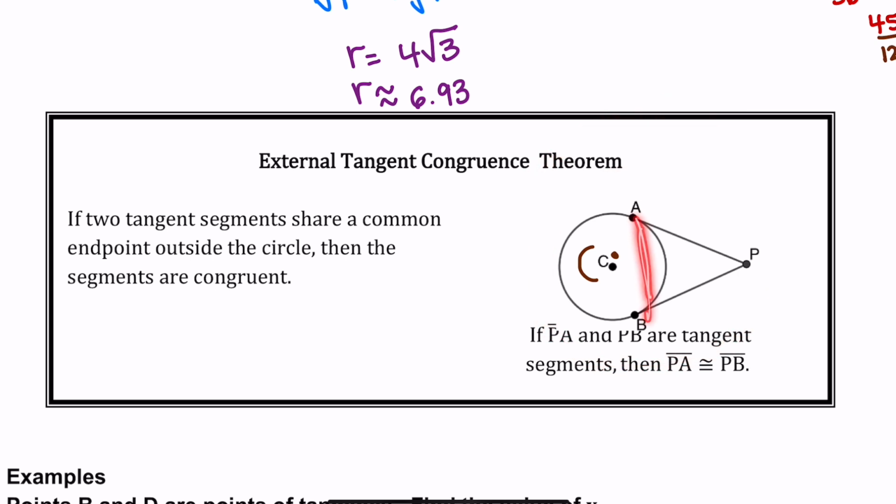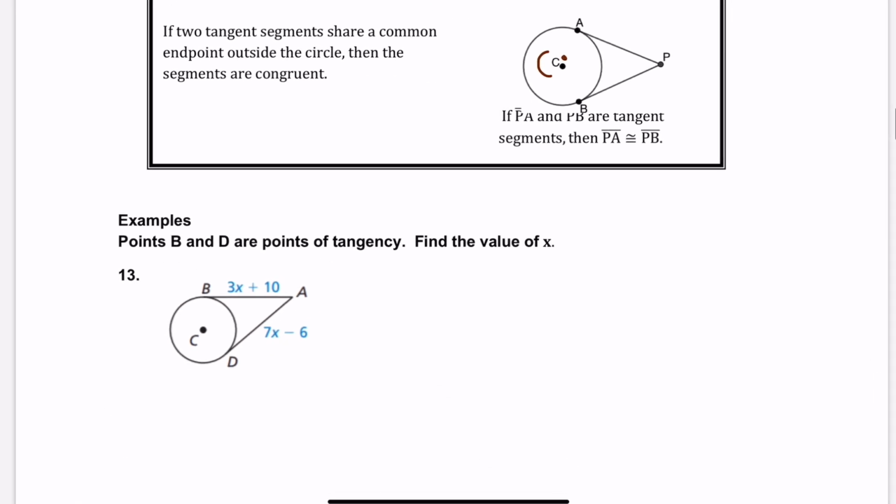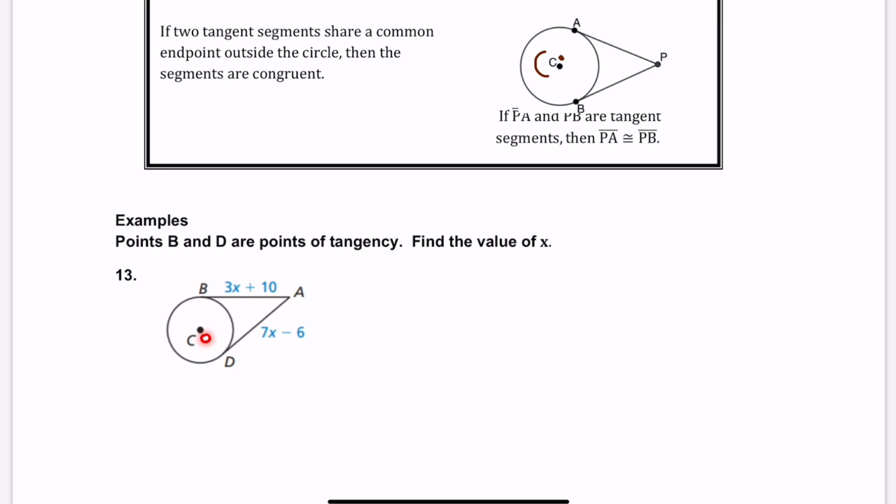This guy is wearing his party hat. Both sides of the party hat are going to be equal, right? So if PA and PB are tangent segments, then PA, this length, has to be equal to PB. So we've got our little guy going to his party.